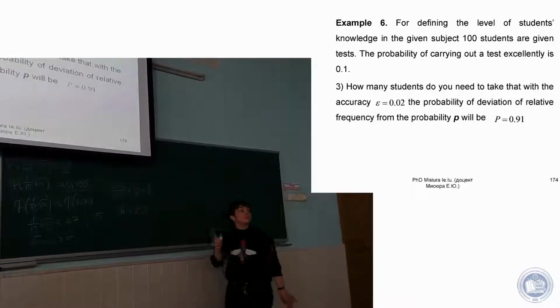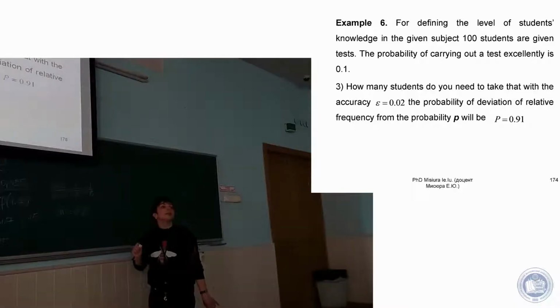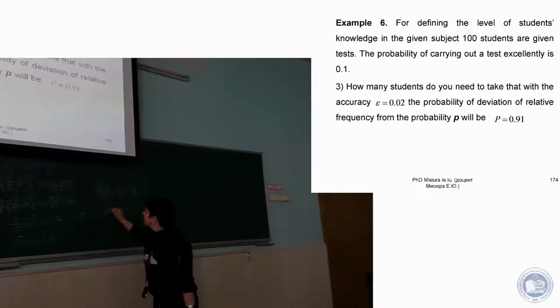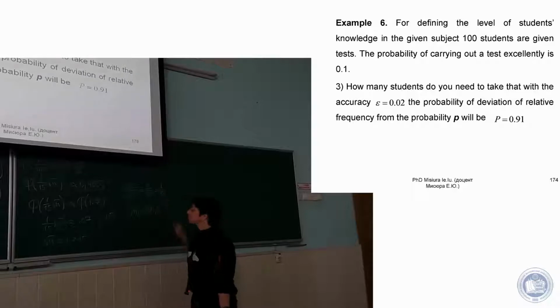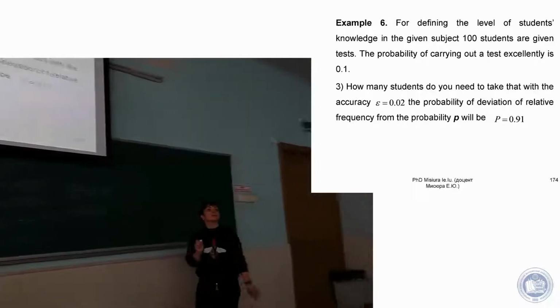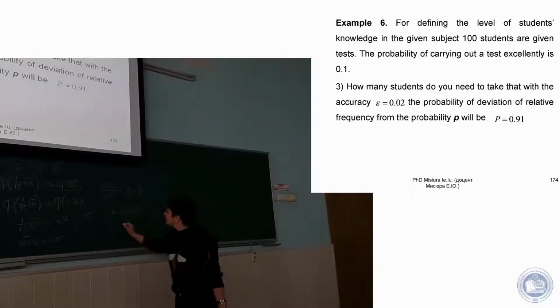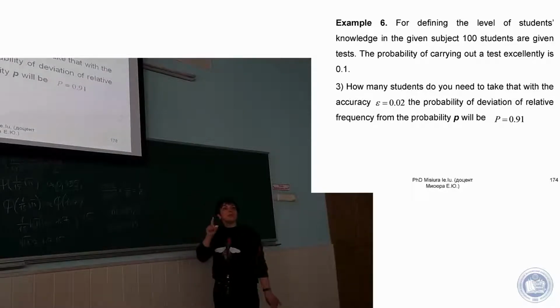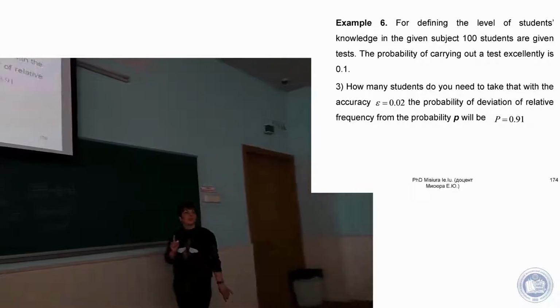Okay, students, if you know root of n, how to find n? 650.25. Okay. Let's remember, what is n? It's number of students. Okay.